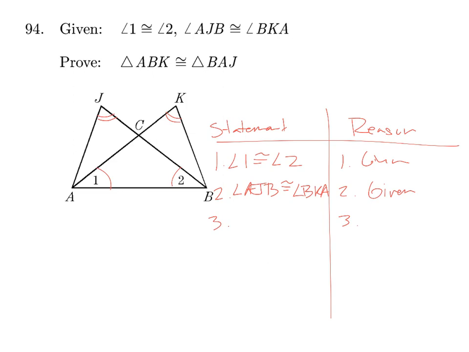Look at this. I have this triangle here. It has two angles that are congruent to this triangle here. I'm trying to prove that these are congruent, and they share this side in common. AB is congruent to AB. That's by reflexive property.